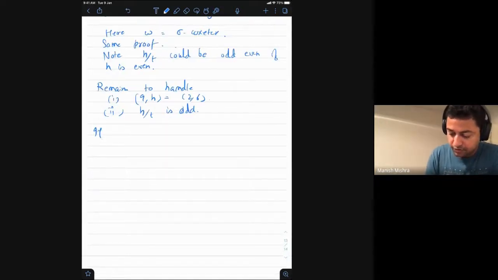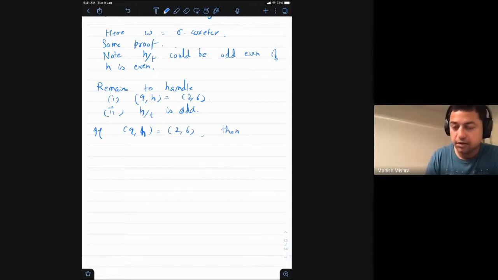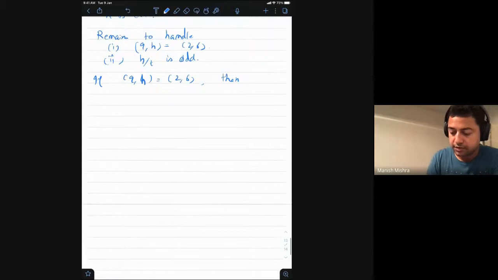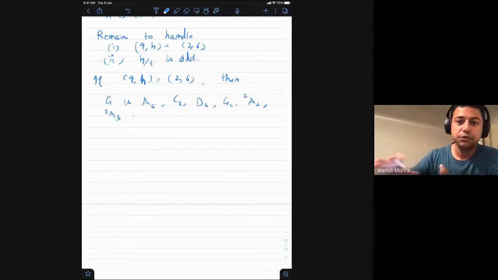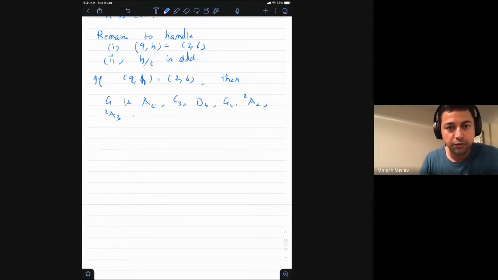Okay, so if q comma h is 2 comma 6, then when G is absolutely almost simple, G has only very few possibilities: A5, C3, D4, G2, 2A2, and 2A3. And all these you do by hand. There are a few lines each to get what we want. So handled by hand.